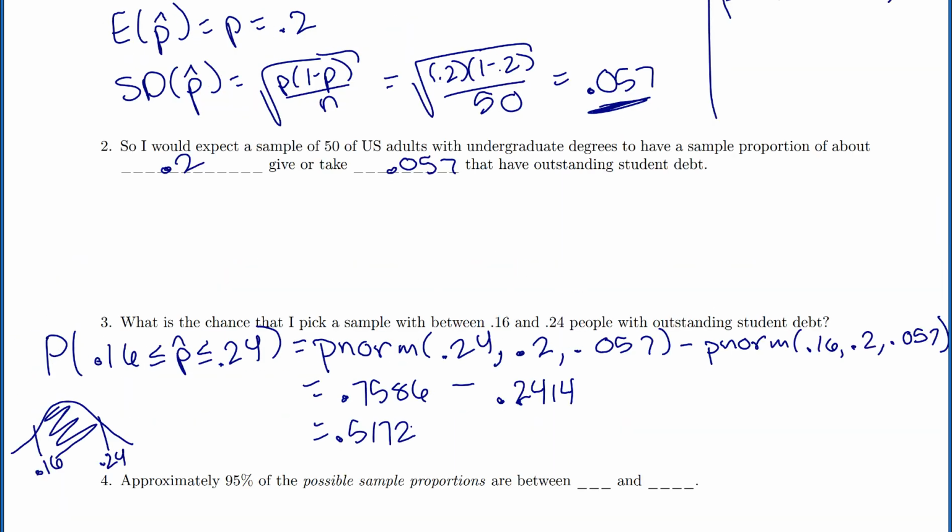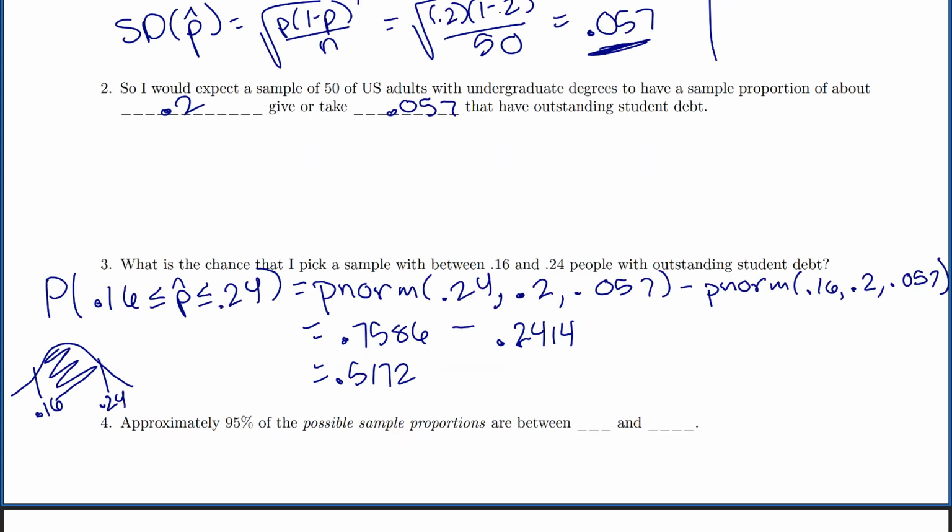And I can ask you, approximately 95% of all of the possible sample proportions are between blank and blank. Okay, so we know from the empirical rule that if you have your expected value, here p hat, and you go out one standard deviation in either direction, that should be 68%. And if you go out two standard deviations either direction, that should be 95% of your data.